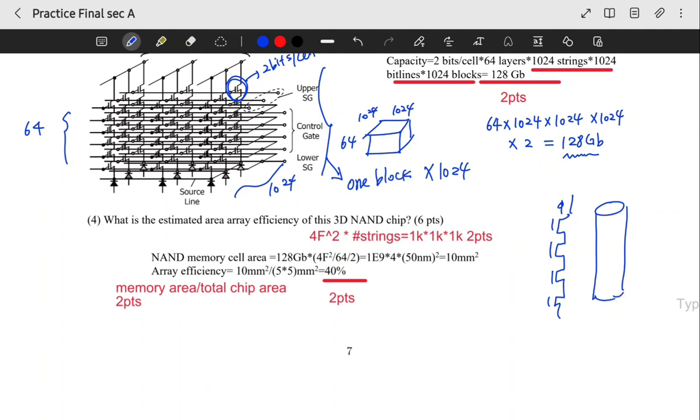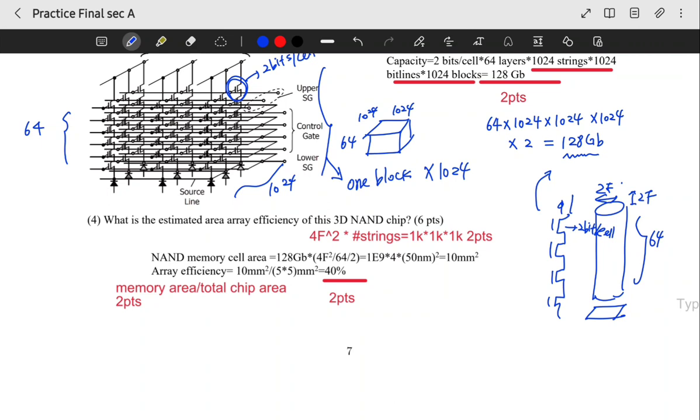And this one only occupies 2F by 2F area. And when we calculate the capacity, we take into account this 64 layer, and also each transistor we say 2 bits per cell. So we have to divide by this layer and bits per cell to get the actual area.